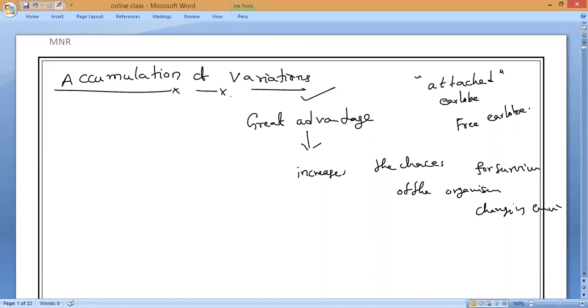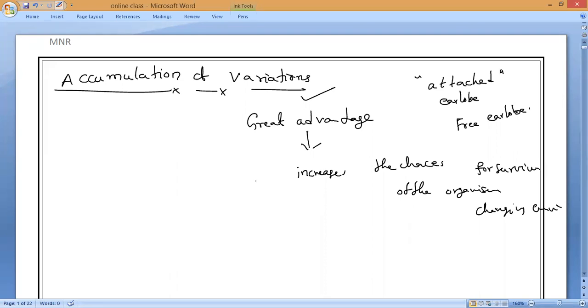If these variations did not happen in an organism, it would be difficult for it to survive in a changed environment. Variation ensures survival even when the temperature or any other environmental factor increases or decreases.